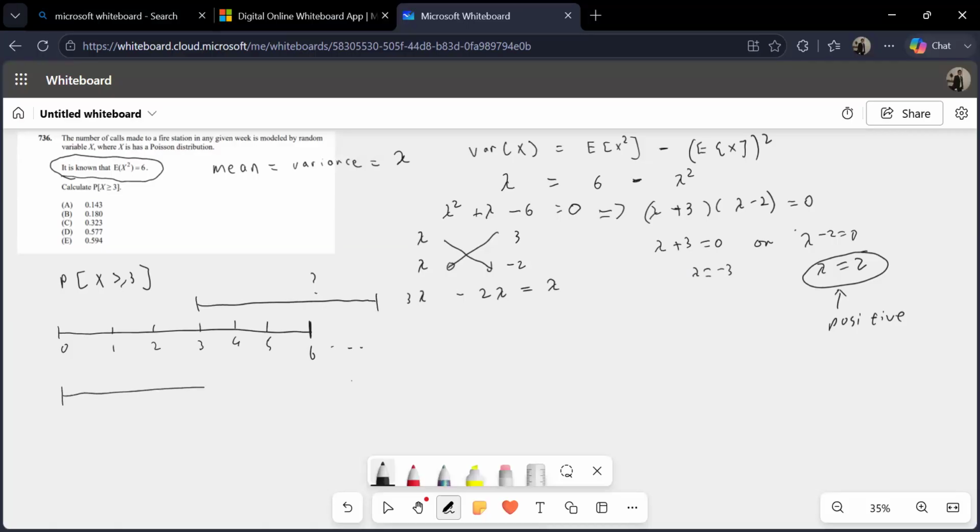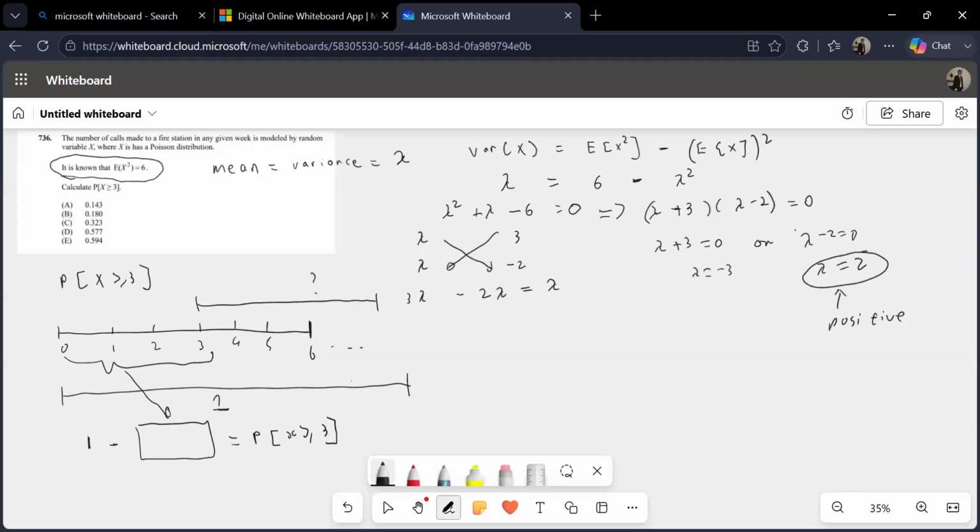But what we do know is that everything adds up to 1. So if we just do 1 minus this part, that is equal to the probability that X is greater than or equal to 3.